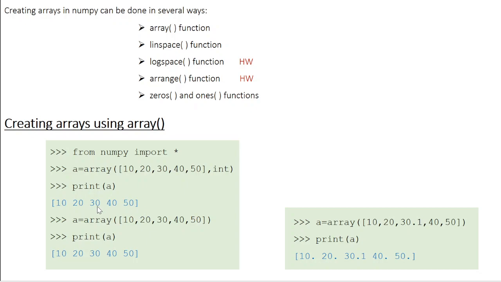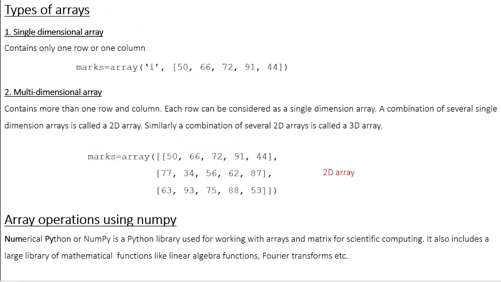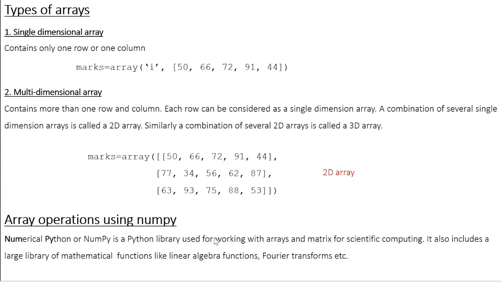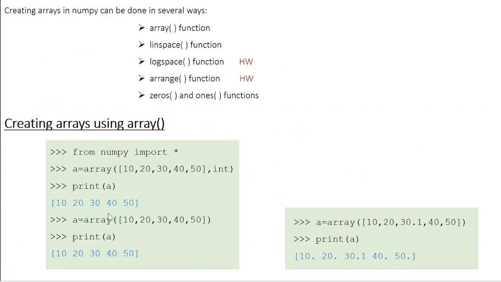So this is one big advantage of NumPy over the array module, because in the array module this is how the output is displayed. This is not a proper array, but here it is displayed as a proper array.